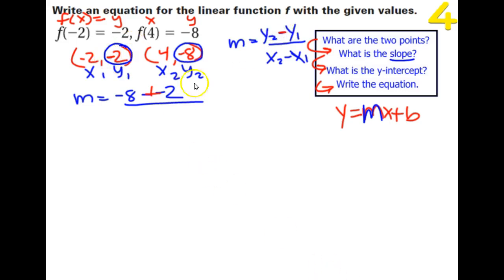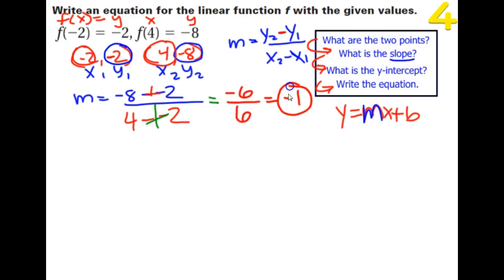And then on the bottom, x2 minus x1, or 4 minus x1, which is -2. Again, two negatives make a positive. So our slope, -8 plus 2, that's -6. And 4 plus 2 is 6. So 6 over 6 is 1, and it's negative. So there's our slope, m.